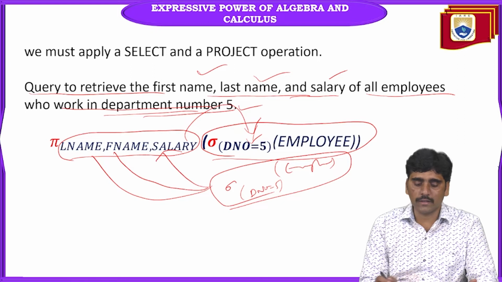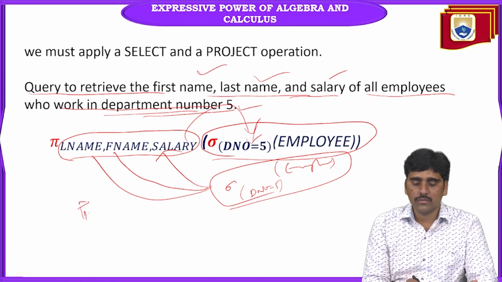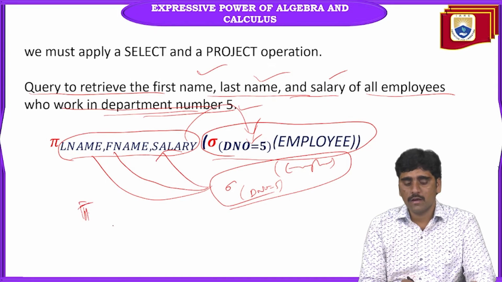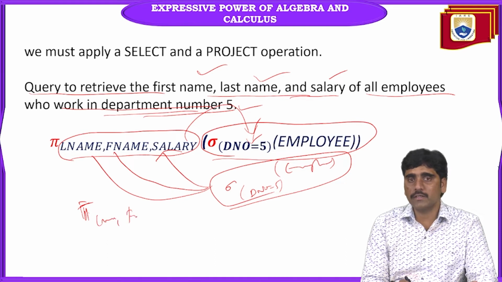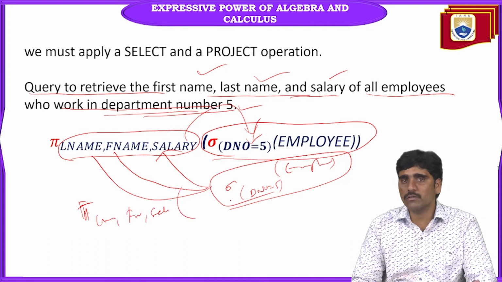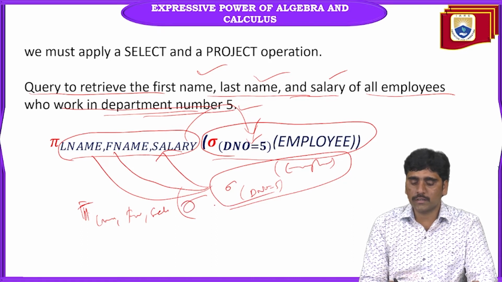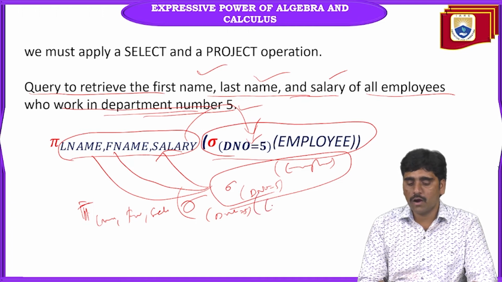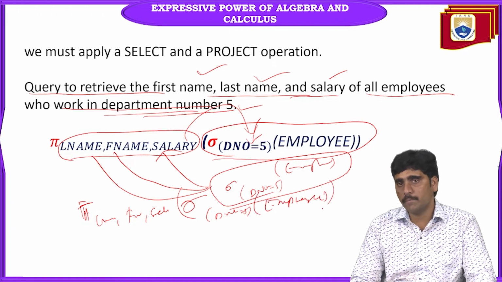So now you can write like this: pi of last name, comma, first name, comma, salary. On what condition? Selecting department number 5, on which table? Employee table.